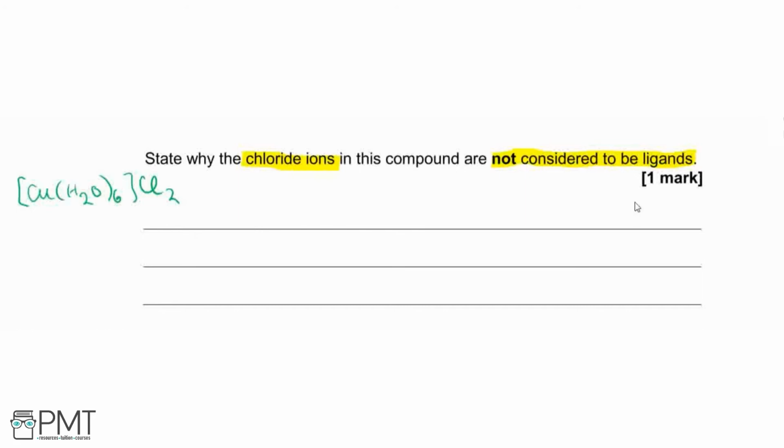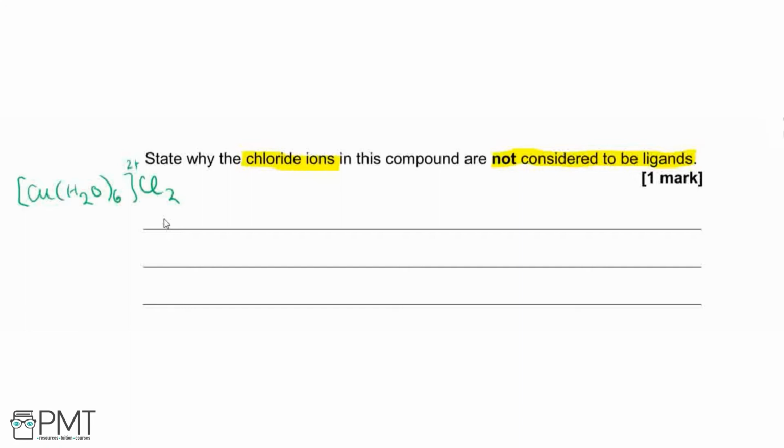The definition of a ligand is an atom, a group of atoms, or an ion which is coordinately bonded to a metal ion. Now, if we have a look at our complex here, the transition metal complex is the part within the square brackets, and that would actually have a charge of 2 plus, because this is then going to be ionically bonded with the 2 chloride ions.